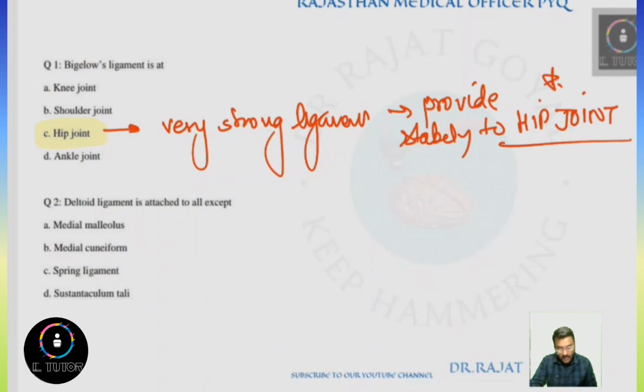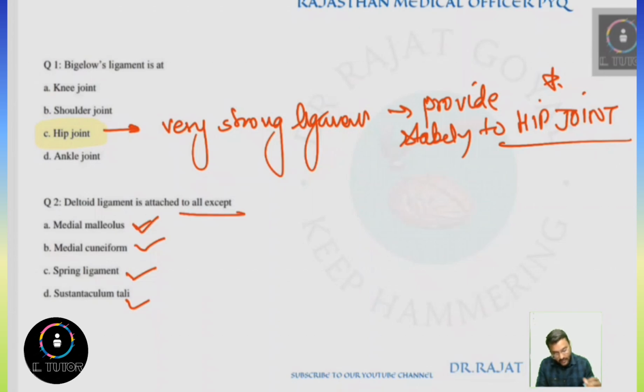Deltoid ligament is attached to all except. So deltoid ligament is attached to the medial malleolus. This is true. Medial cuneiform, this is again true. And spring ligament, this is true. And sustentaculum tali, this is also true. So I think there is no correct answer in this. Let me read it once again. Deltoid ligament is attached to the medial malleolus.